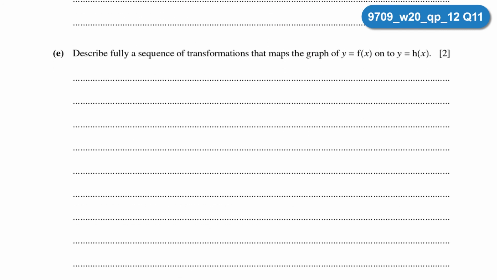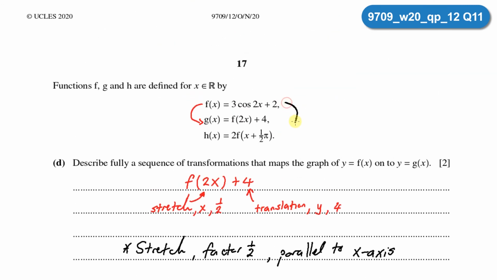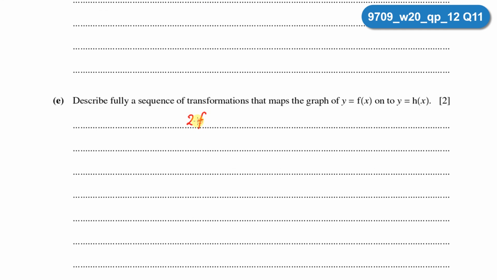Then on part E, describe fully a sequence of transformations that maps the graph of y is equal to f of x onto y is equal to h of x. So here we've got f of x getting on to h of x. Now for 2 of f of x plus pi over 2 or half pi, let's write that down. 2 of f of x plus half pi.